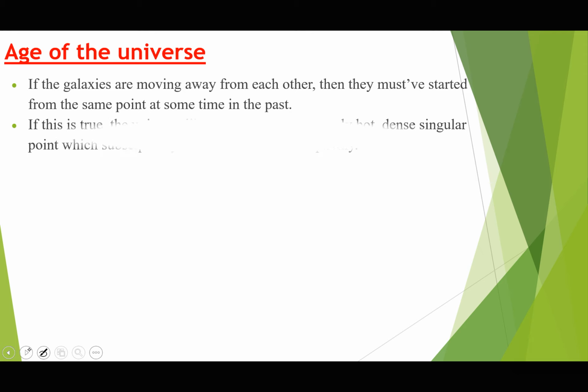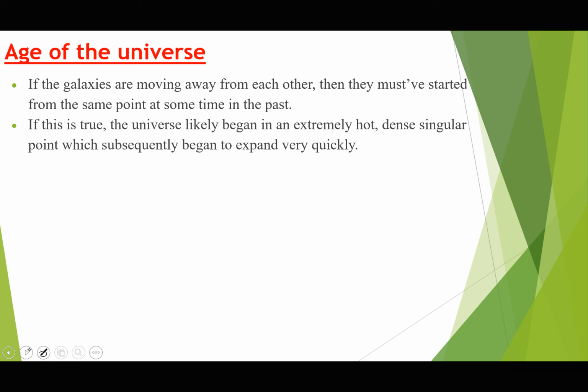And if this is true, the universe likely began in an extremely hot, dense, singular point, which subsequently began to expand very quickly or rapidly. And as it started to expand, it is still expanding up to today because we are agreeing that all objects and galaxies are moving away from each other.